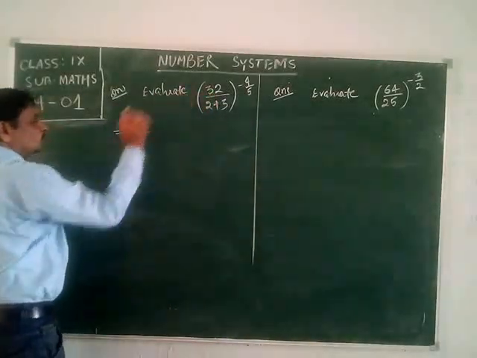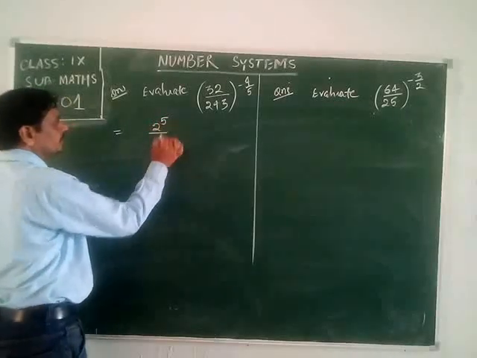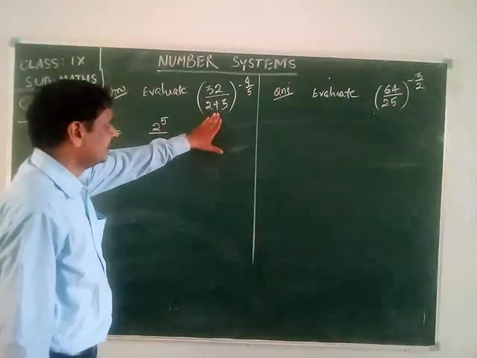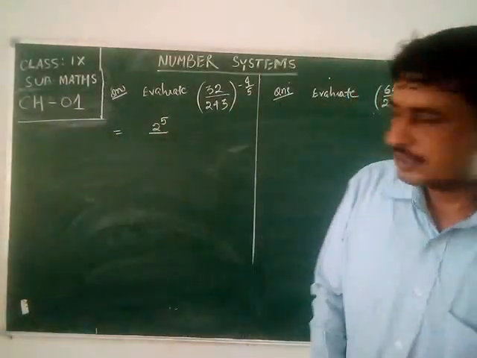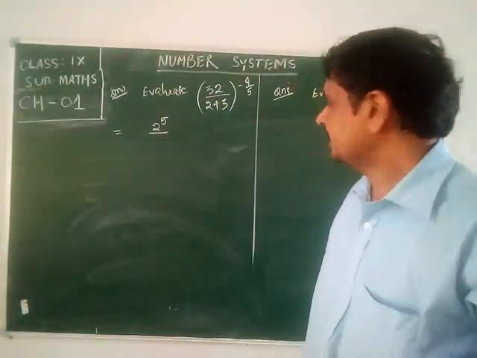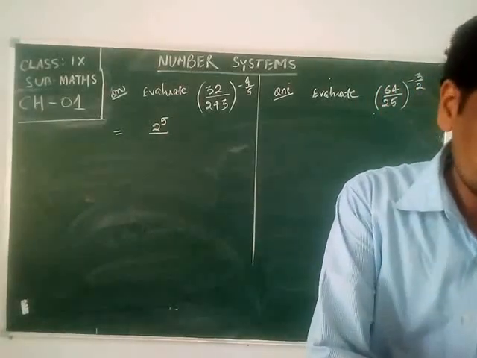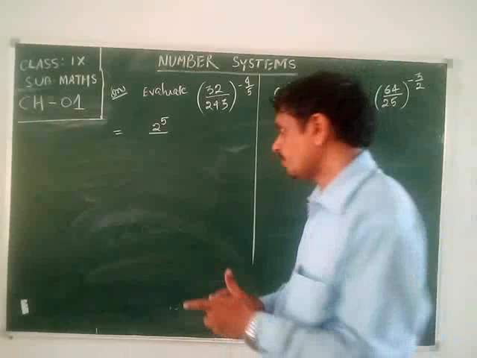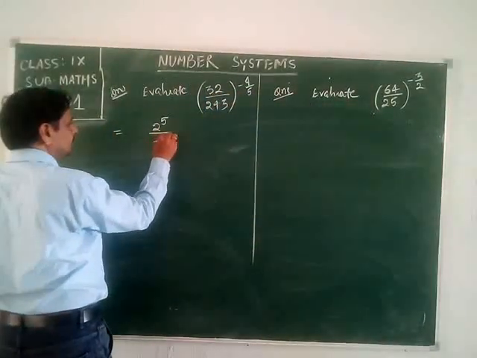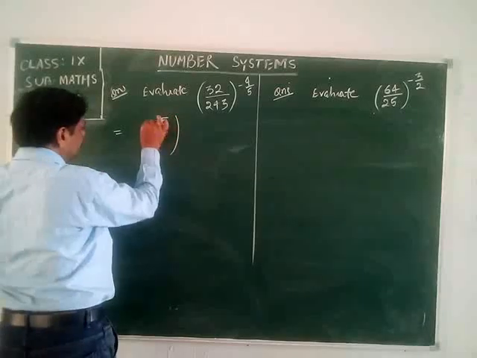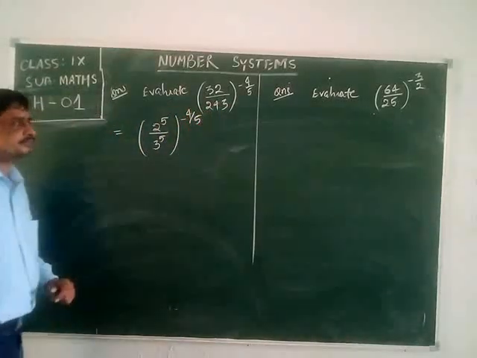The 32 can be written as 2 to the power 5. 243 can be written as 3 to the power 5. Here 2 to the power 5 and 3 to the power 5, whole to the power minus 4 by 5.